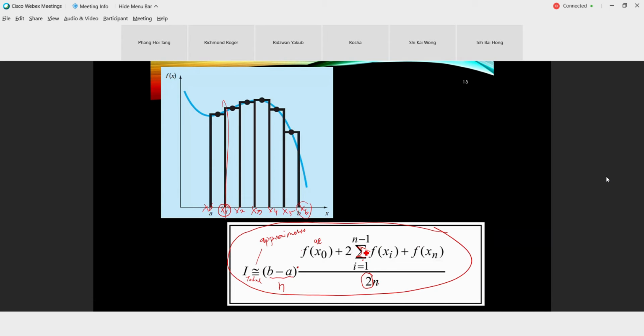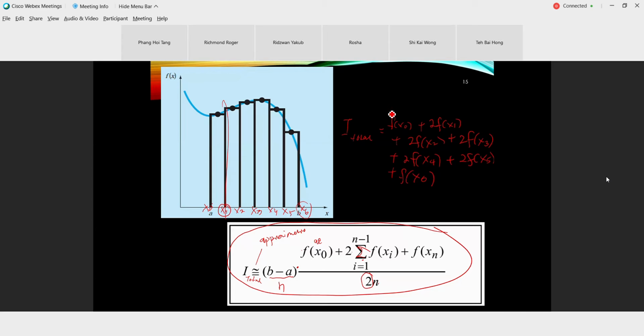So it's basically a summation value. The total component value I total is equal to function x naught plus 2 function x1 plus 2 function x2 plus 2 function x3 plus 2 function x4 plus 2 function x5 plus f(x6).